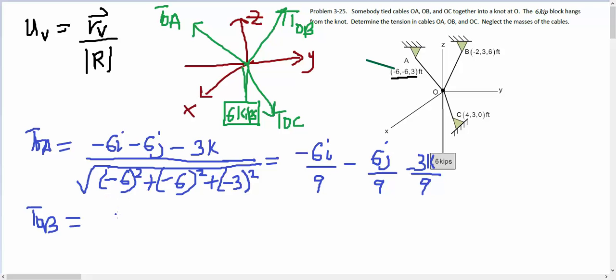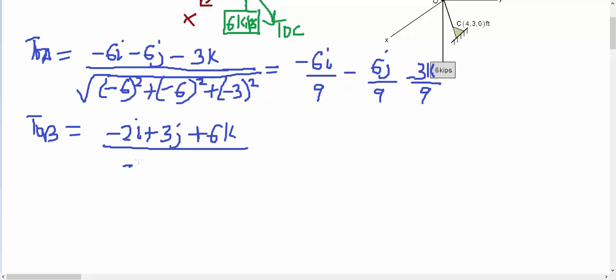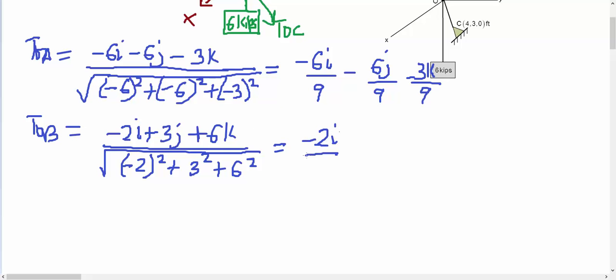So this is OB, which is negative 2I plus 3J plus 6K. Doing the same thing, divided by the square root of negative 2 squared plus 3 squared plus 6 squared. So that should give us a 7 in the denominator.